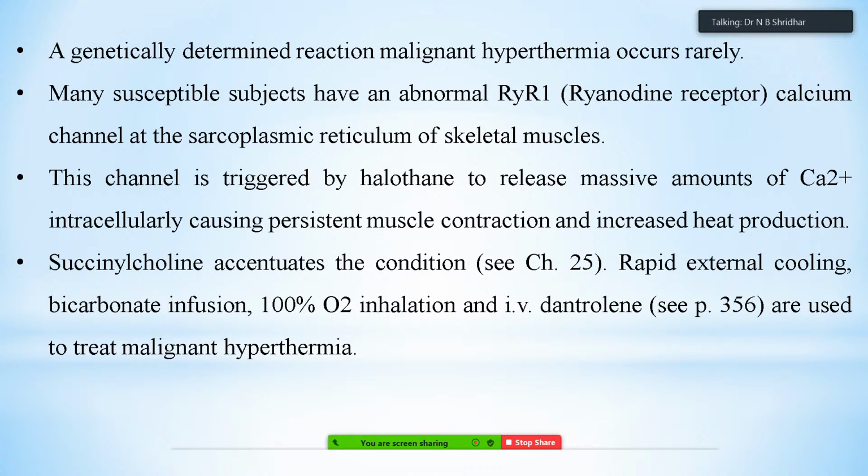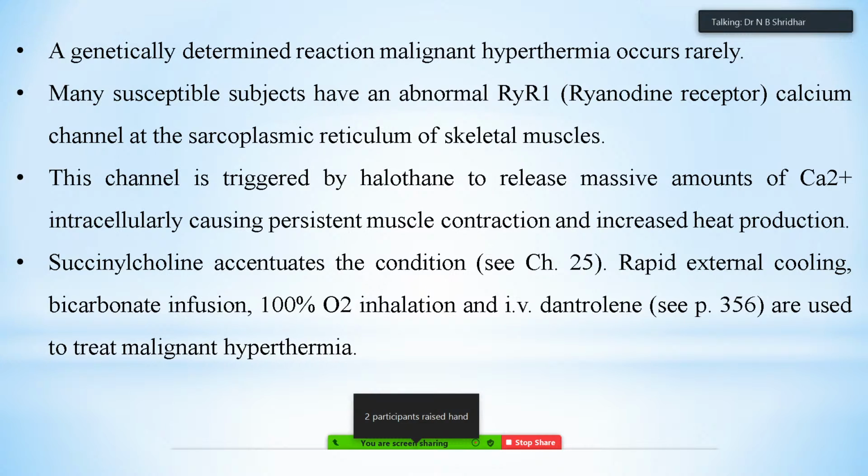Then genetically determined malignant hyperthermia is one of the important terminologies here, because the body temperature rises to a very high extent, which is not responding to any non-steroidal anti-inflammatory agents.